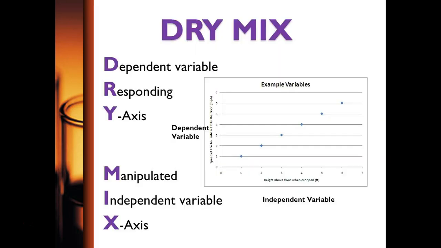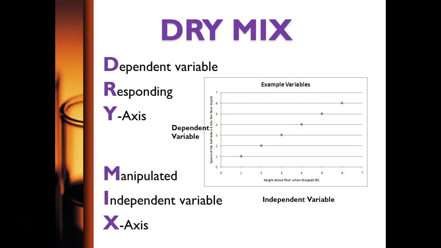So how do you remember? Just a quick little acronym. So DRY MIX seems to work for a lot of kids. So DRY, your dependent or your responding variable always goes on your y-axis. All right, and your manipulated or independent variable, the MIX part, goes on the x.